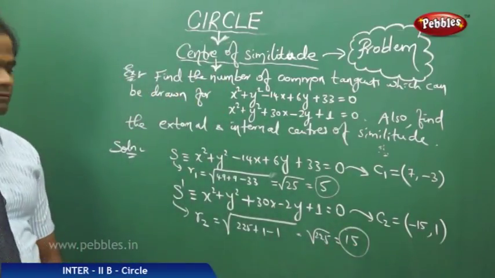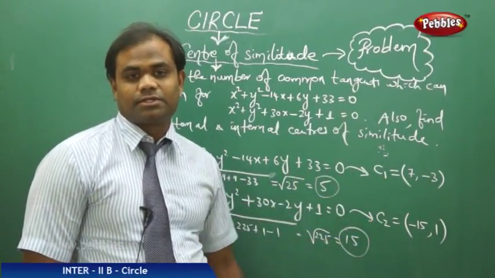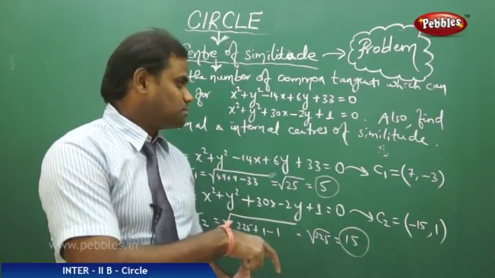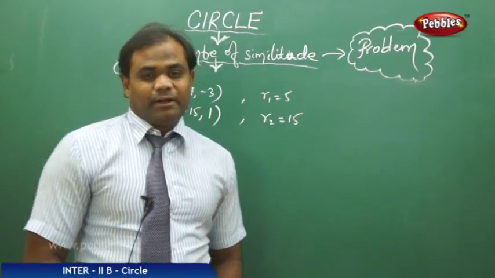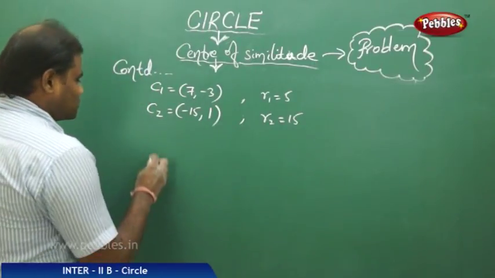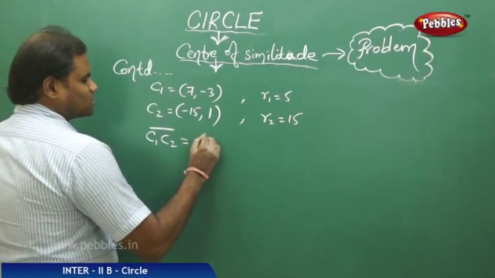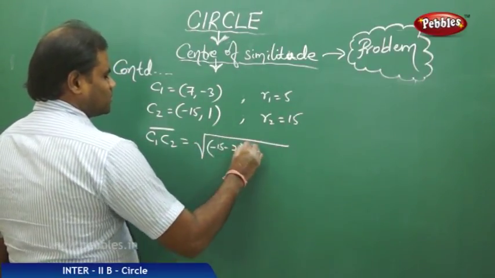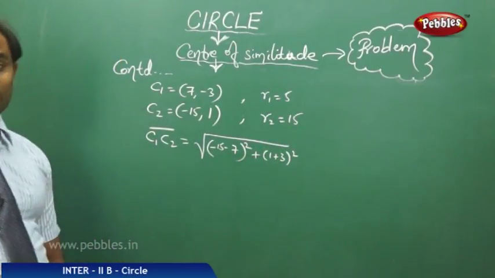So I have the radii and the centers through which I am going to find the relative positions of the two circles, which in turn gives me the number of tangents. Now I find the distance between the two centers and connect it with the radii. If I want to find the distance between two centers, I use the distance formula, root of x2 minus x1 whole square plus y2 minus y1 whole square.